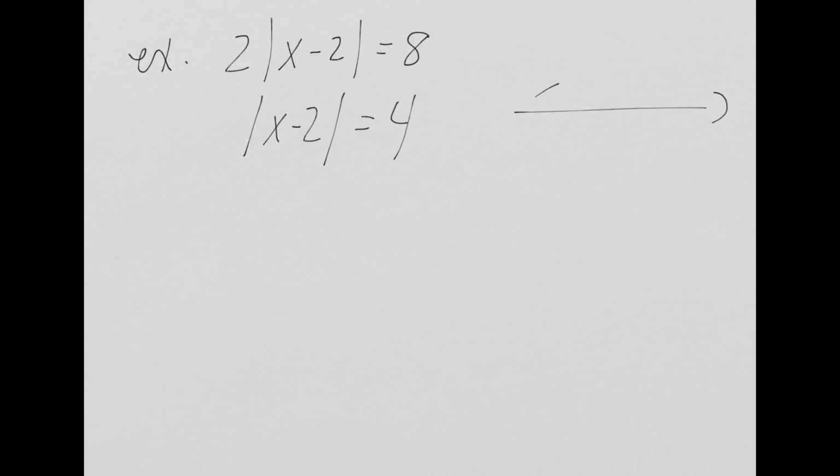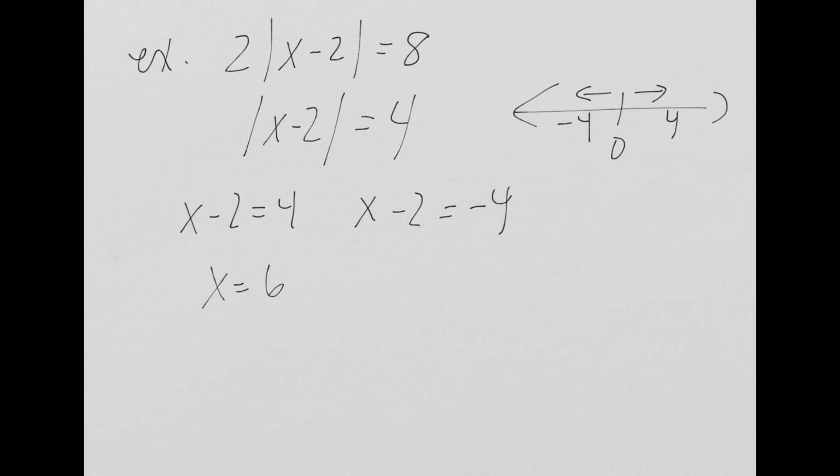In your head, you want to think, here's the origin. I'm looking for stuff that's 4 away. If I go 4 in each direction, here's 4 and -4. So I'll set the inside equal to 4, and I'll also set the inside equal to -4. Now solve for x by adding 2 to both sides, so I get 6 and -2.